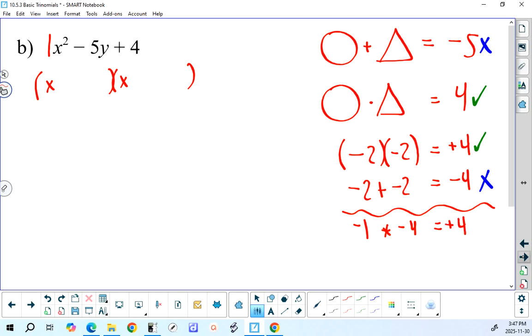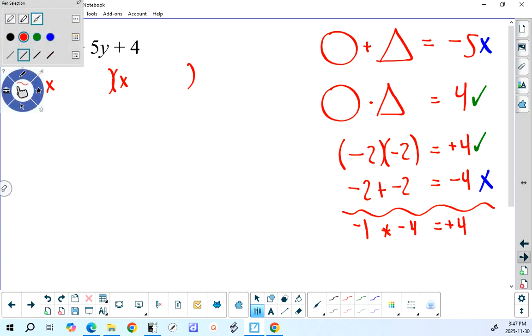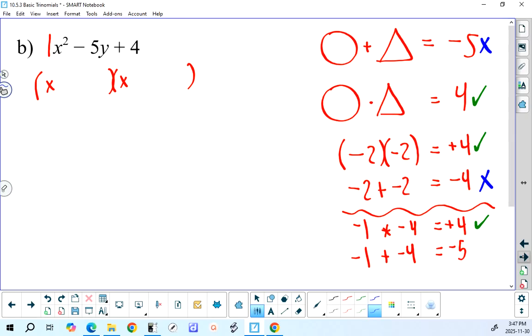And that checks out. What about if I take negative 1 plus negative 4? Negative 1 plus negative 4 gives me negative 5. And that is exactly what I need to get. I need to get negative 5.